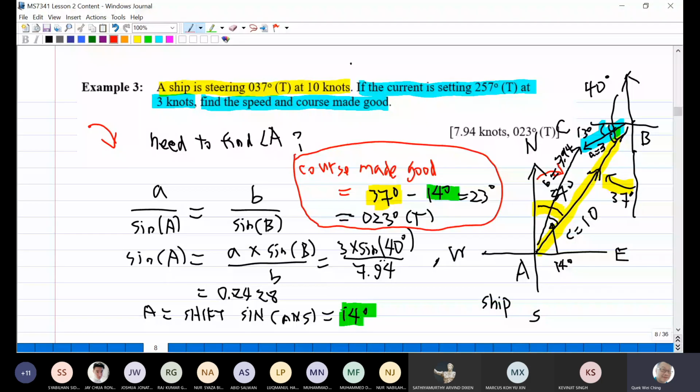Okay, so this is how you answer example 3. So if you have anything not clear, please let me know, or you want to go back to the previous page, let me know, right? So I only intend to go through 3 examples today.